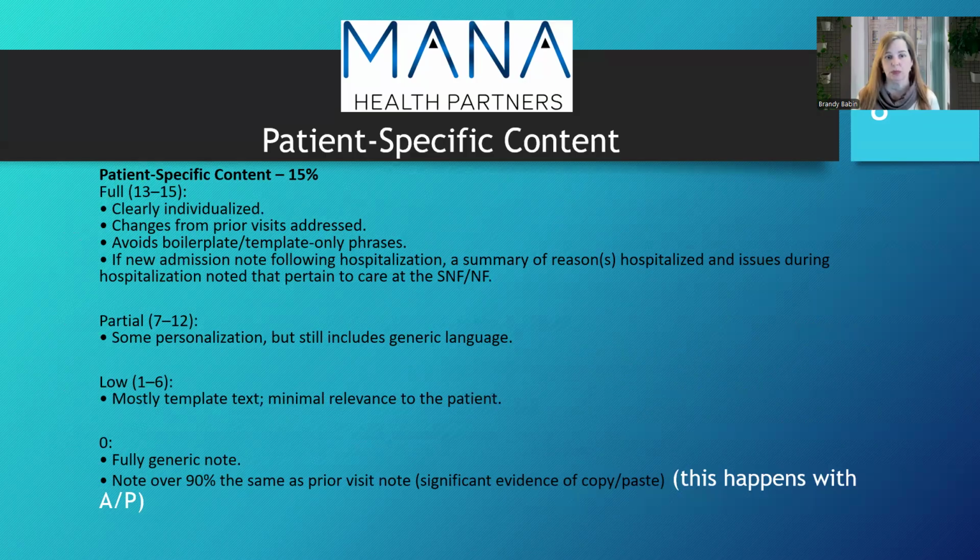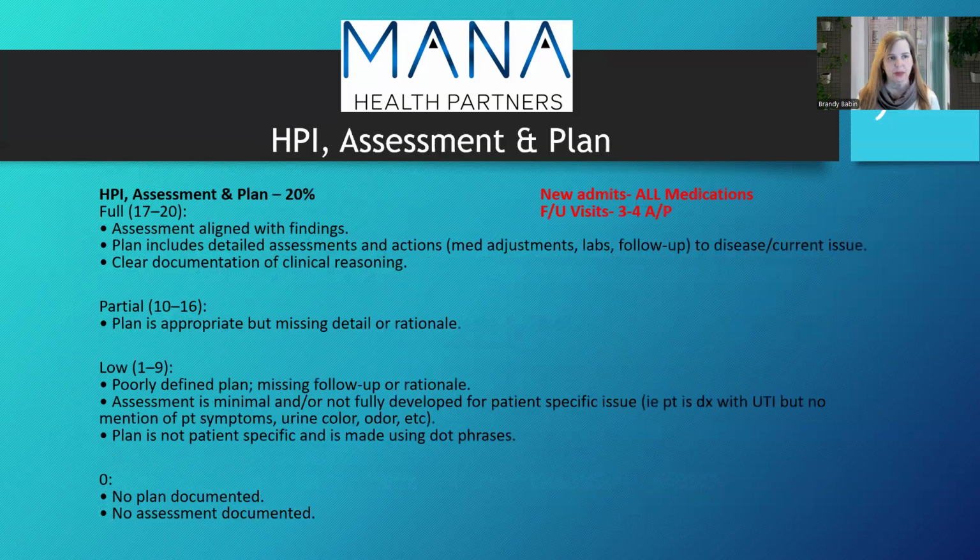You don't have to use my snippets. As far as history and present illness, assessment and plan, that pulls over to 20%. If you're putting it in the assessment and plan, my assumption is it's under the HPI as well. That's worth 20% of the audit for that patient.